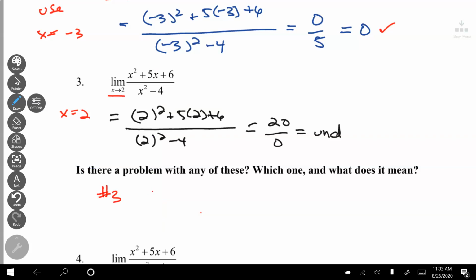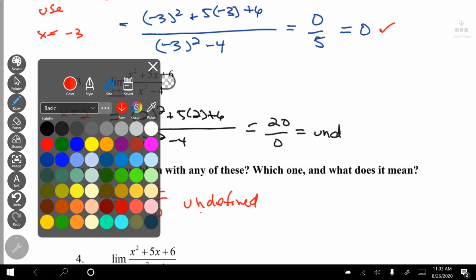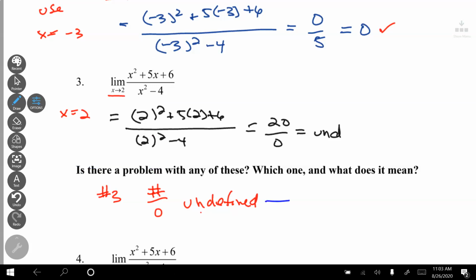Number 3, a number divided by 0 is undefined. But for limits, whenever we do limits, we put down DNE, does not exist.